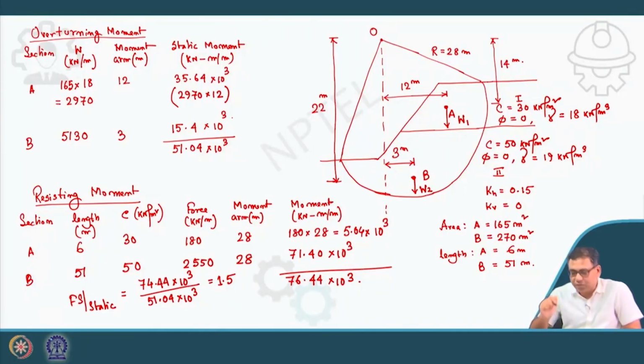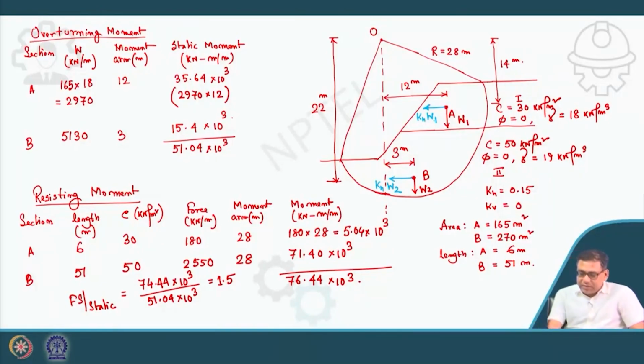We will consider only the horizontal component, that is kH into W2. Here also I will incorporate this pseudostatic force, that is kH into W1. W1 and W2 are the weights, and they act at the centroid of each failure mass.